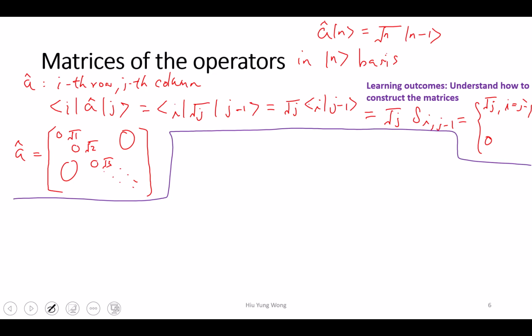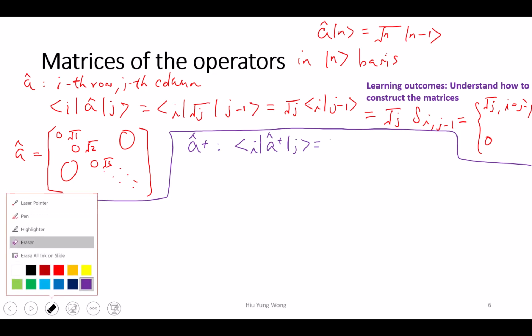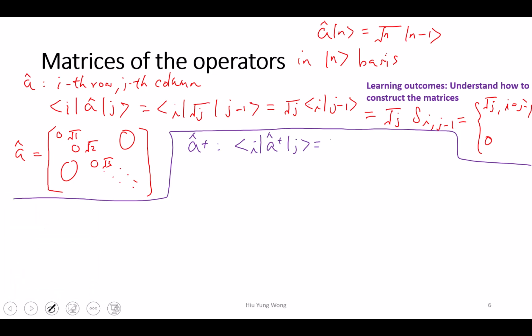how about the A dagger? It has this. The ith row and jth column is defined by this. But then I know that if I apply A dagger to j, what do I get?